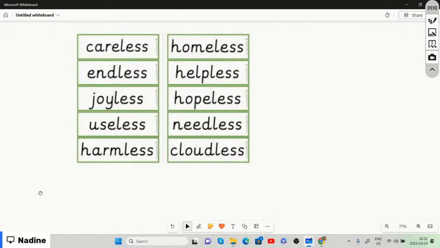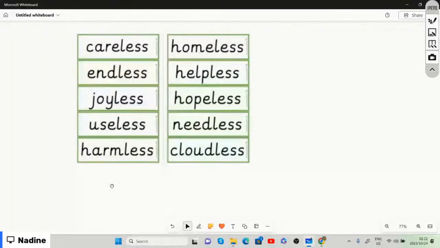You are hopeless, without hope. And then we have needless as well as cloudless. And that is but a few examples of words ending in full and words ending in less.